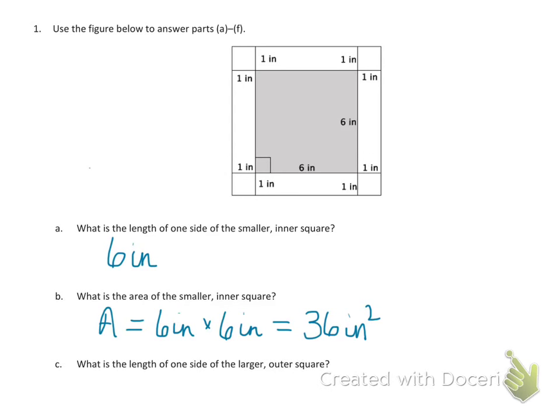What is the length of one side of the larger outer square? We can see from our diagram that this is 6 inches, but I've got an inch here and an inch here. So 1, 6, and 1. The length of one side of the large outer square would be 8 inches.